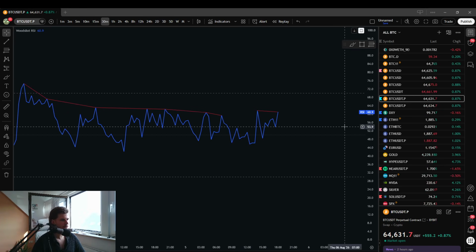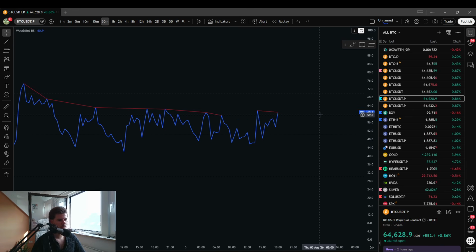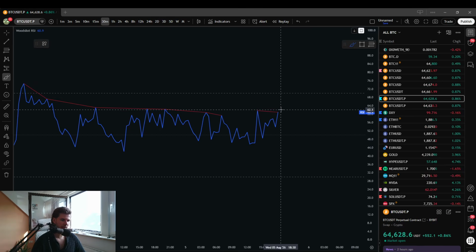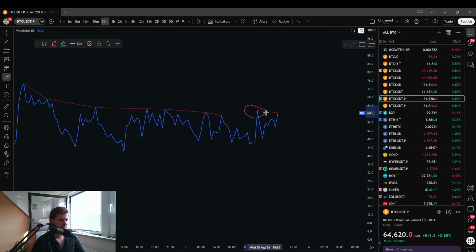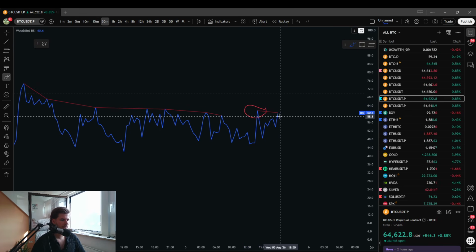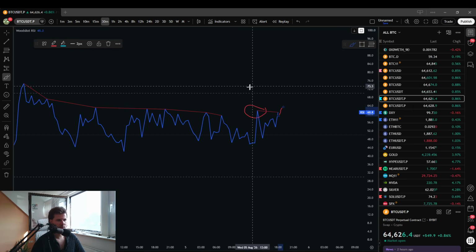If I look at the 30-minute RSI on Bitcoin, as soon as Bitcoin is trading above this high on the RSI, then this is a bullish signal. So the RSI needs to basically trade above these highs and close like this.